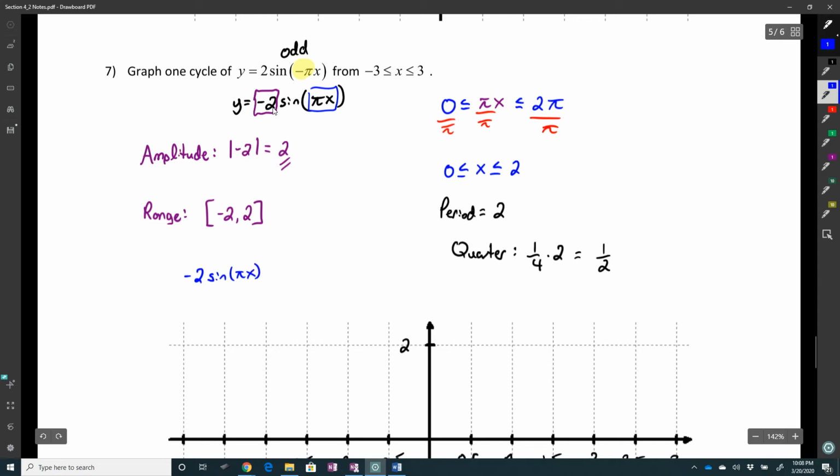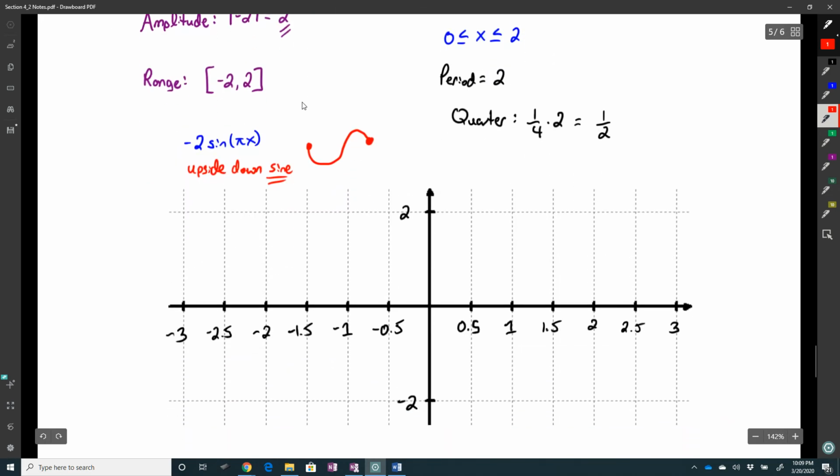What I really care about is that this is an upside down sine, and an upside down sine looks like that. So when I make my dots, I'm going to start in the middle. I'm going to go down, up, up, up. And so we have one cycle.